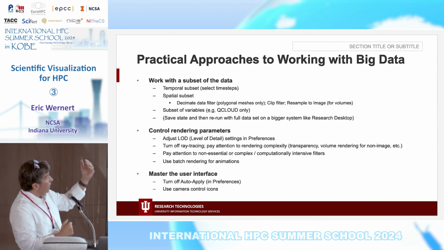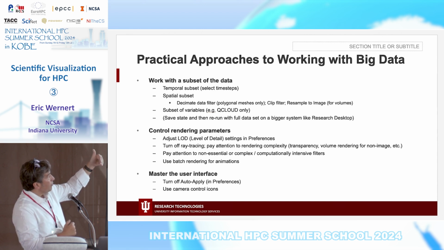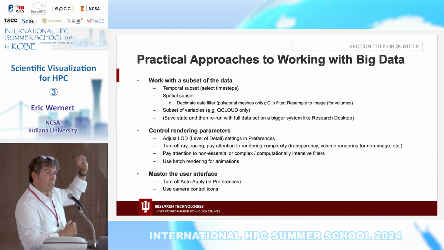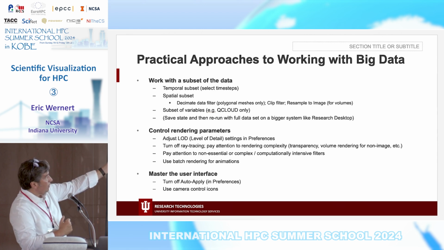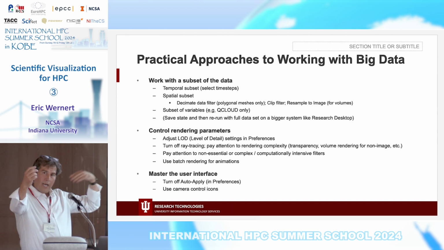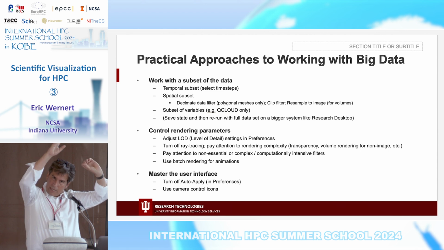On ParaView, we can control what we call level of detail in terms of the number of polygons, the number of pixels that it would transfer. This can often help. And then finally, like we said, understanding your data, there's something called auto-apply. Every time you make a change in the pipeline, it propagates through.